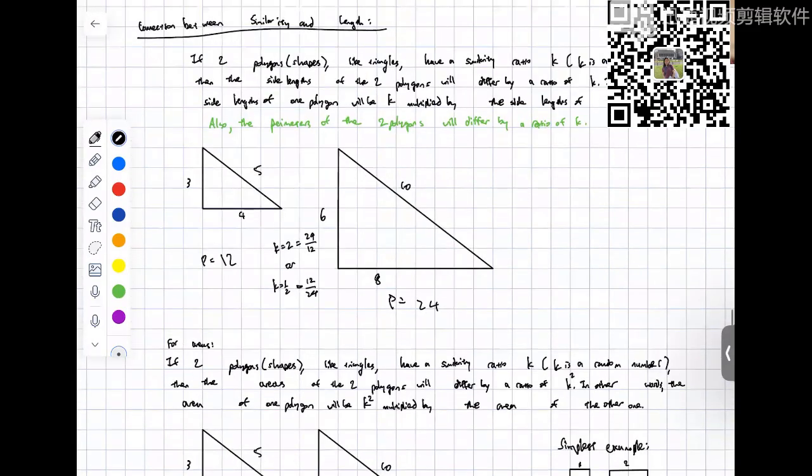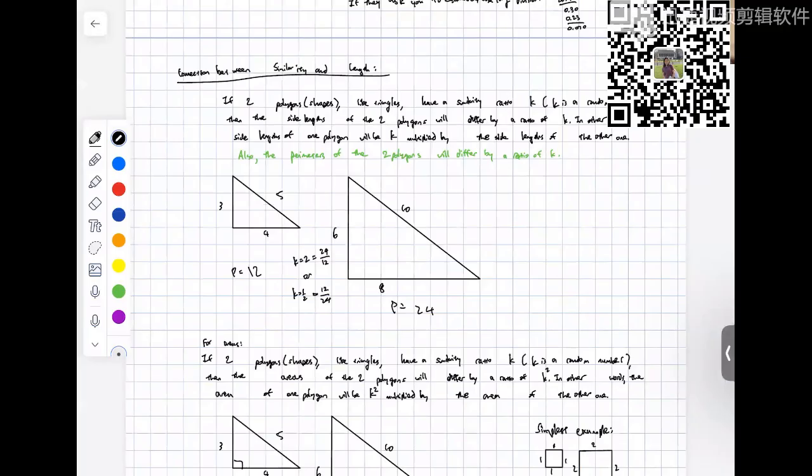The reason I'm allowing k to be both big and small is that when I say the side lengths of one polygon will be k multiplied by the side lengths of the other one, k can actually be a smaller number. You can think of k as either enlarging, making a polygon bigger, or shrinking, making a polygon smaller. But no matter whether it's making them larger or smaller, it's still going to be the same. Does that make sense?